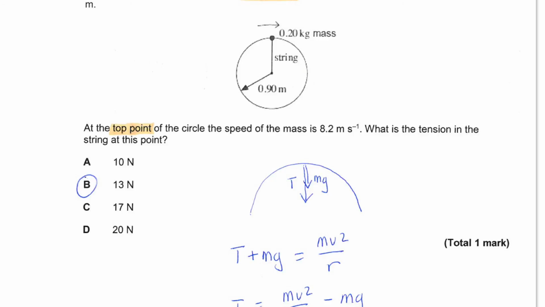So once again we need to understand that the centripetal force is provided by the resultant of the tension and the weight. Both the tension and the weight act towards the centre of the circle, so we add them together to get an expression for the centripetal force.